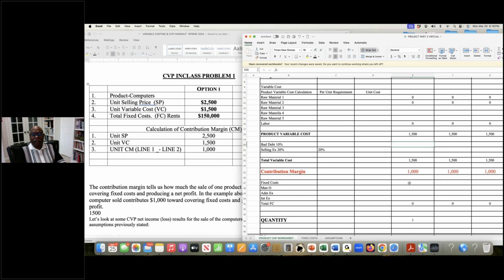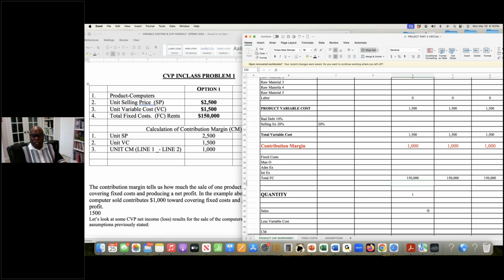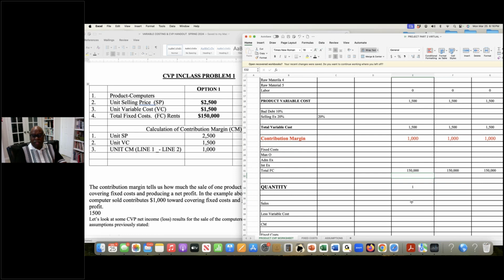Now I need a fixed cost. And the fixed cost we said was what? 150,000. And so our quantity is one. So let's see what's gonna happen. The sales, we're selling only one.